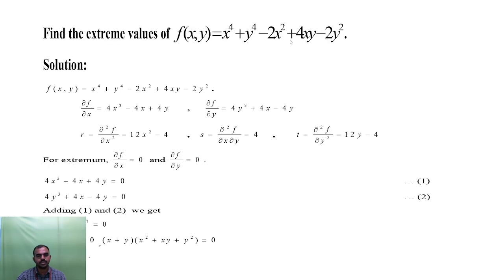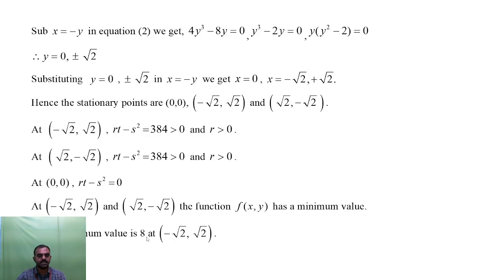Minus root of 2 power 4 plus root of 2 power 4 minus 2 into minus root of 2 the whole square plus 4 into minus root of 2 into root of 2 minus 2 into root of 2 the whole square. So what we get the answer? The answer is 8 after we simplify. The minimum value is 8.